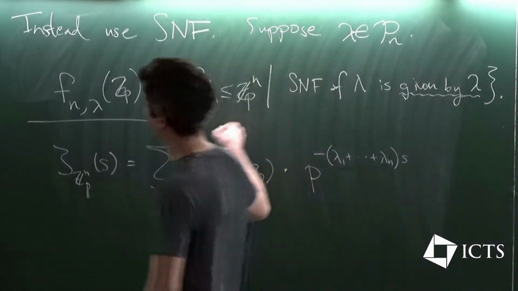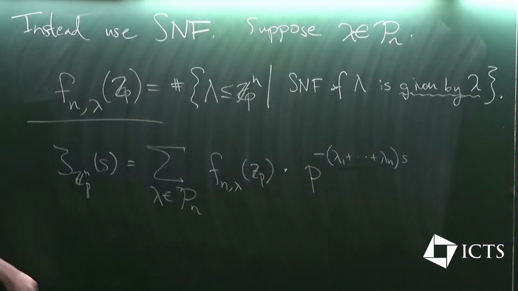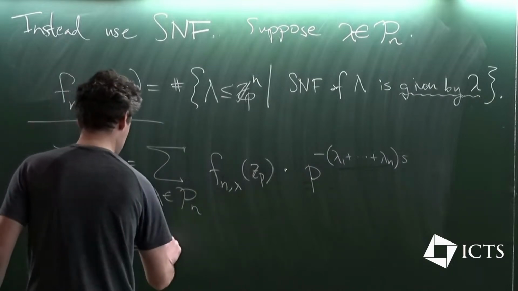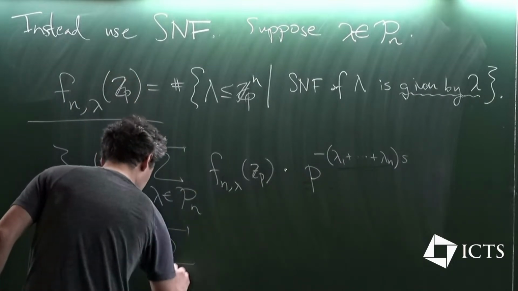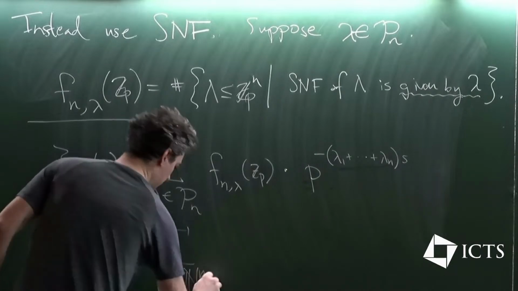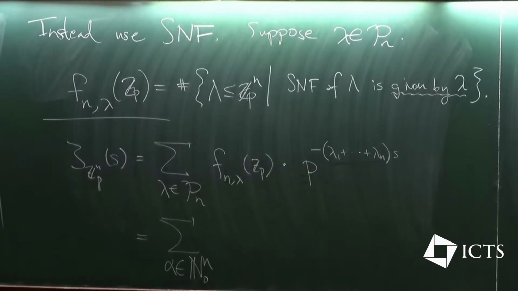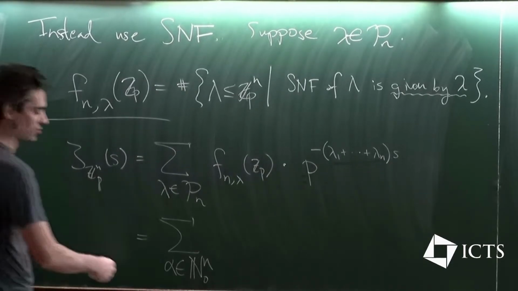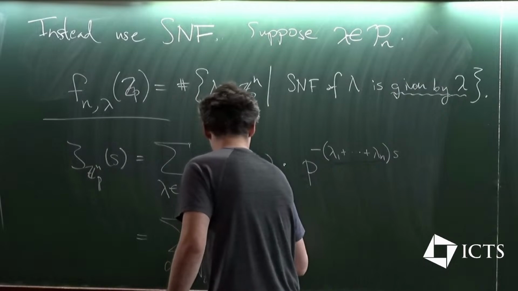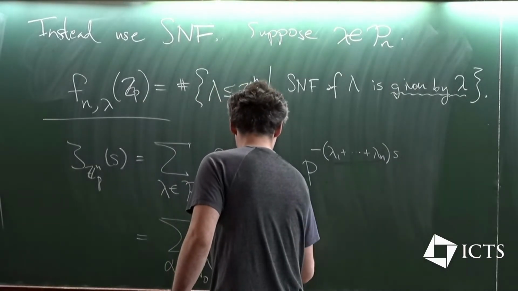I don't like this particular relation when I'm dealing with this. It's a bit harder to count, so for me, it'll be a bit easier to look at alphas, a vector of non-negative integers, alpha. I'm going to write this and I'll explain it.